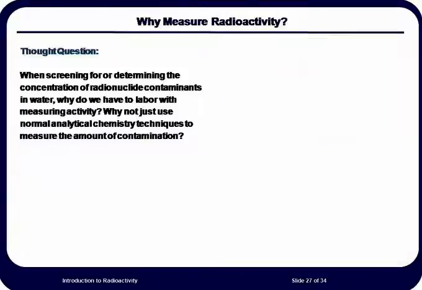There are many analytical techniques for measuring elements: atomic absorption, inductively coupled plasma, gravimetric analysis, mass spectrometry. So why try to measure the decay particles for a radioactive nucleus to determine how much of the radionuclide is present?